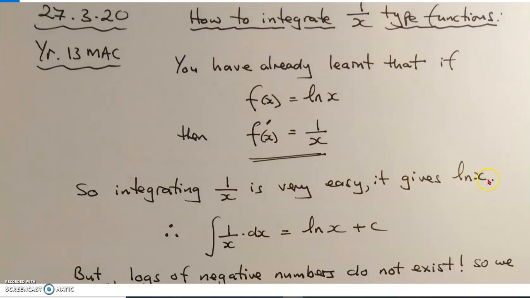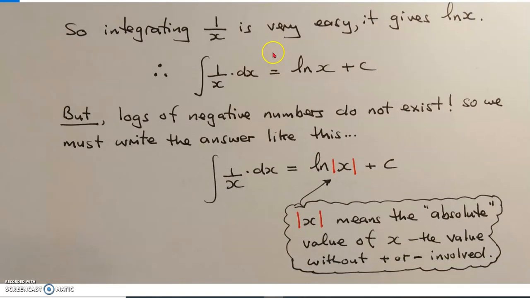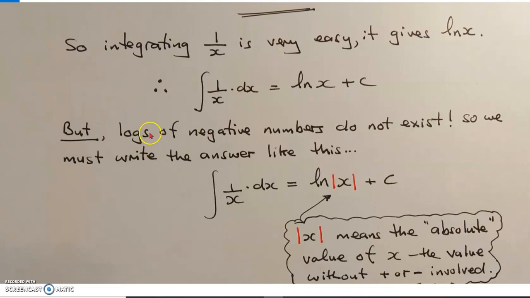It gives the natural log of x. So we write it like that. But we have to be a wee bit careful because you can't have the natural logs of negative numbers. You can't have the natural log of -1, for example. They don't exist. So when we integrate 1 over x, we have to ensure we mean that the answers involve the natural log of the positive numbers.